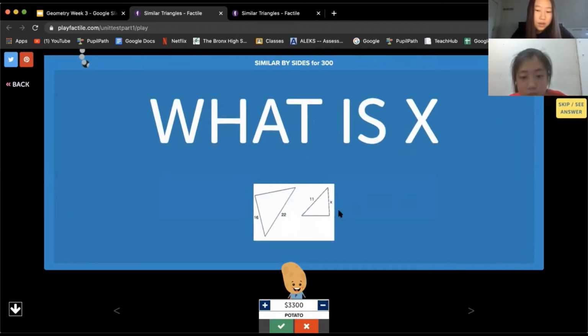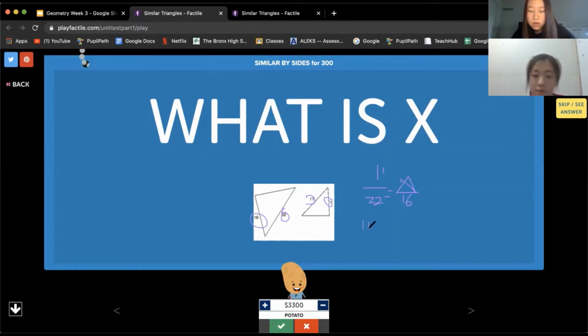Okay, here we have another one, and in this case, we can see that this 11 and 22 are corresponding, so this x and this 16 are corresponding. So 11 over 22 equals x over 16.